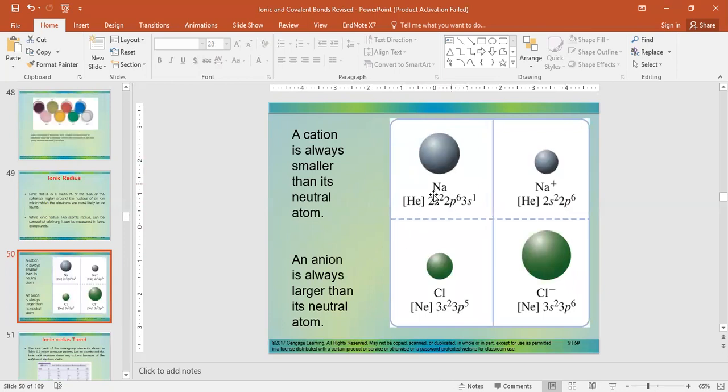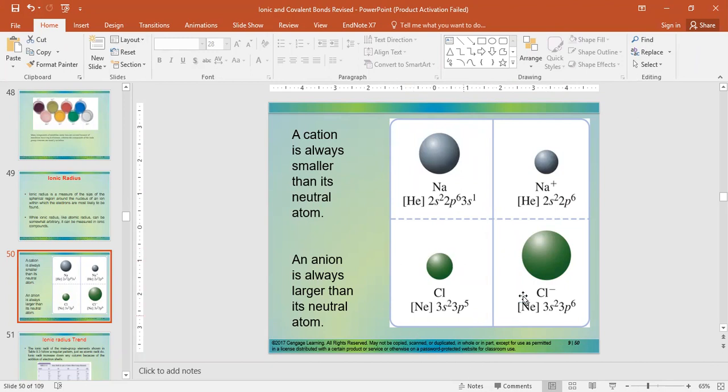This is an atom of sodium, and this is a cation of sodium. And you can see in the transition from an atom to an ion, an electron is lost. And when an electron is lost, the effective nuclear charge increases, and the size of the particle becomes smaller. We said this last time.